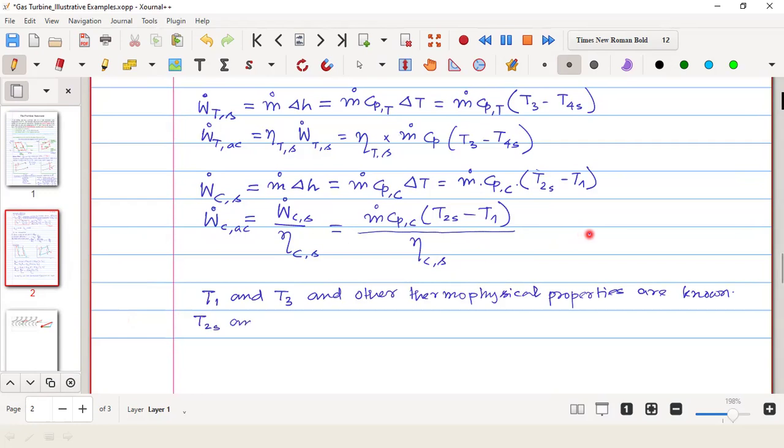T2s and T4s are to be determined. Okay, that is now the target.